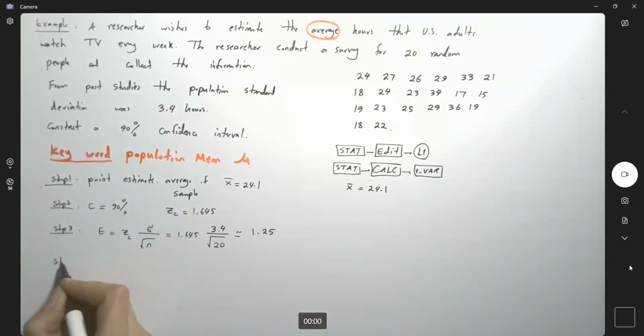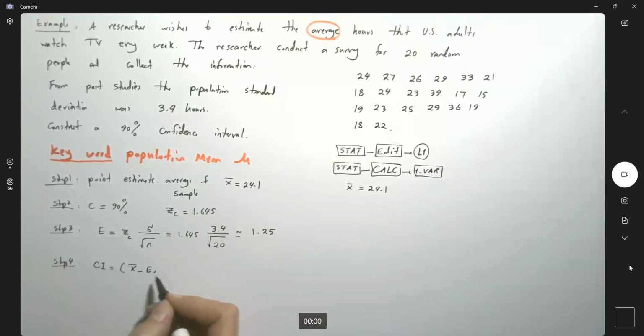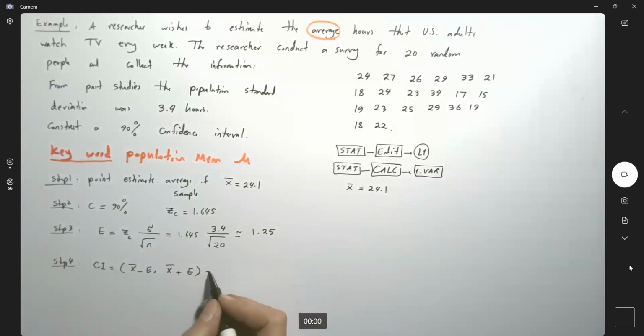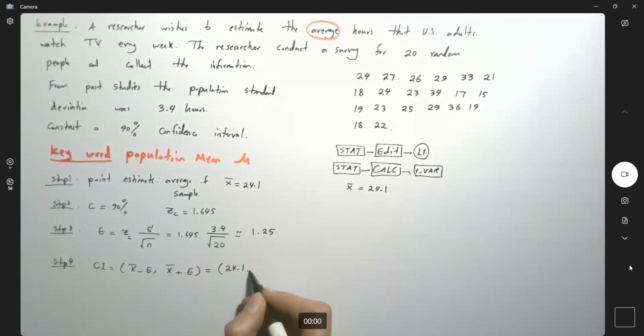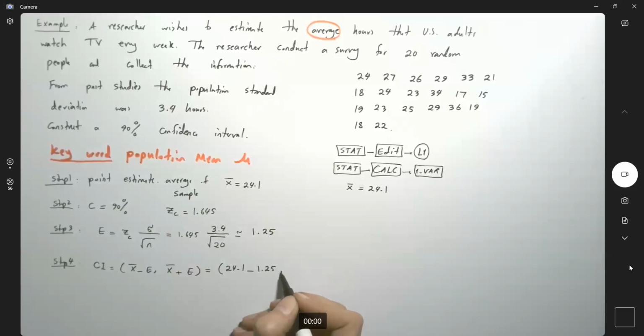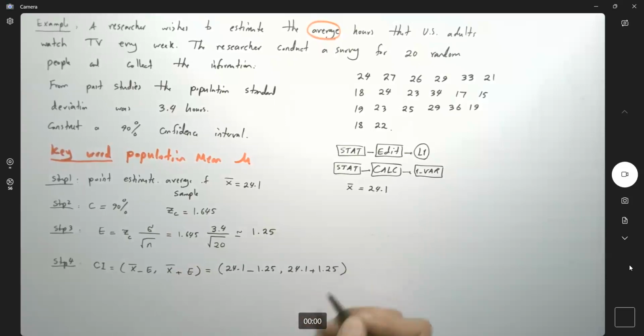Let us go to step 4, and confidence interval becomes X bar minus margin of error and X bar plus margin of error. So this guy is equal to X bar, which is 24.1 minus 1.25 and 24.1 plus 1.25.